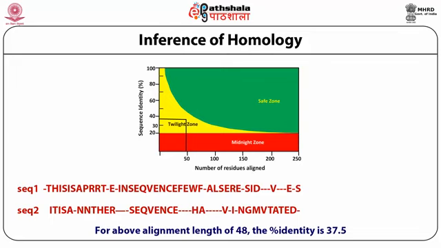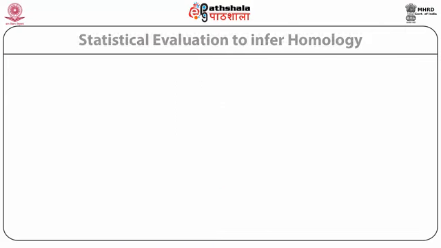Therefore, the user must follow the powerful approach of statistical evaluation using p-value to infer homology. The statistical evaluation to infer homology from alignment score is frequently assessed by calculating p-value to determine the statistical significance.